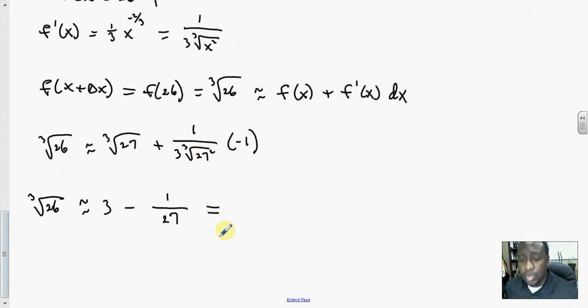By hand, you get 2.96296. Is that right? 3 minus 1 divided by 27. 2.96296, yes.